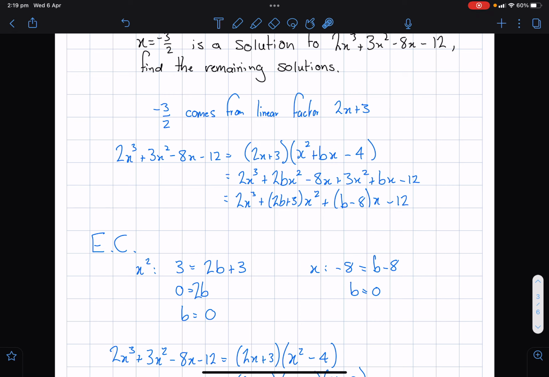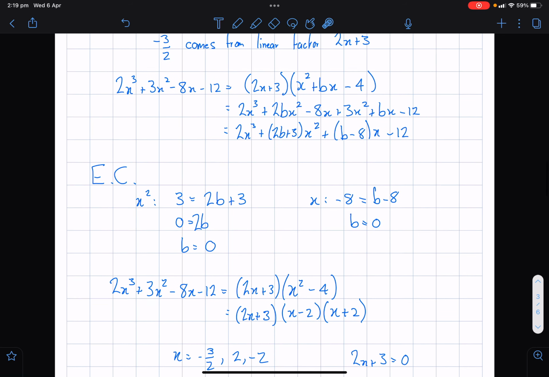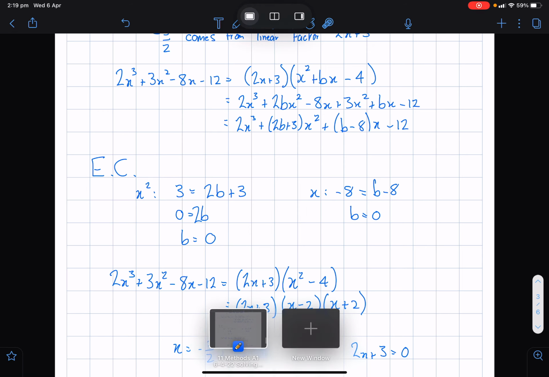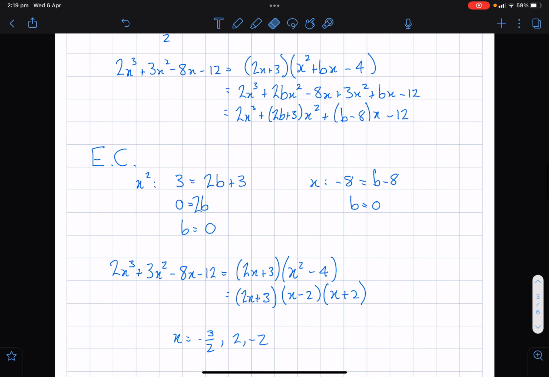When we factorize the difference of perfect squares, we have a take b times a plus b. So we've got 2x plus 3 comes down, then we've got x take 2 times x plus 2. Therefore, our solutions are x equals negative 3 on 2, 2, and negative 2. So that's how we do that.